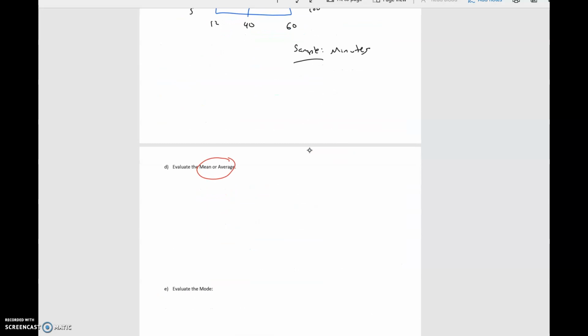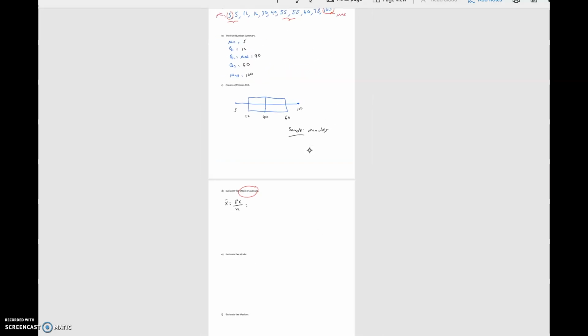On all the problems where you're evaluating formulas, I want the formula, the variable, and then your output. Shortcuts are perfectly fine. So in this case, x bar is equal to the sum of the x's divided by n.